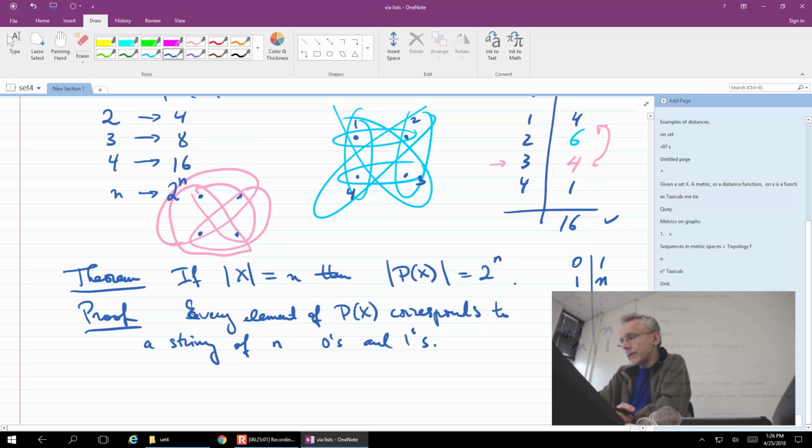Every element of the power set corresponds to a string of n zeros and ones.